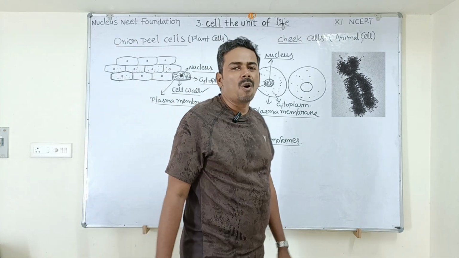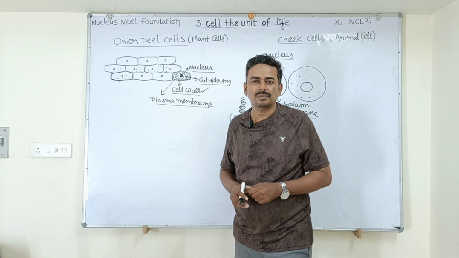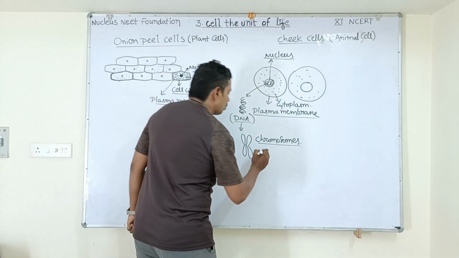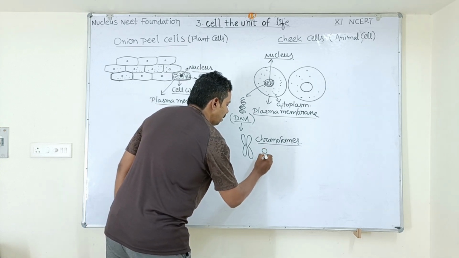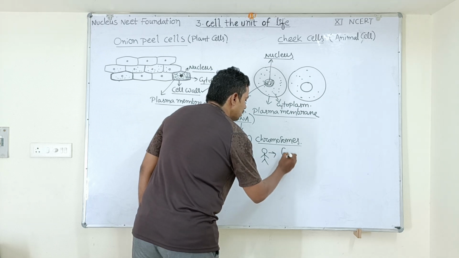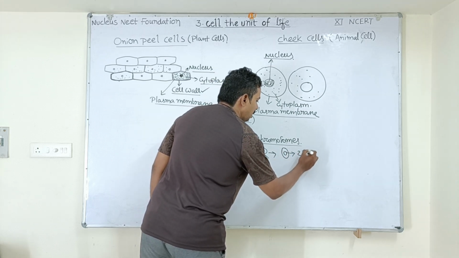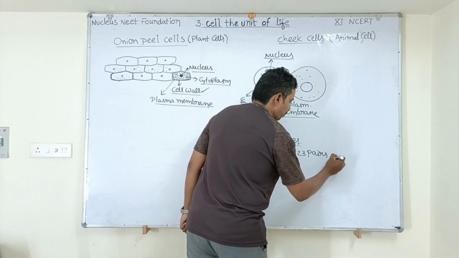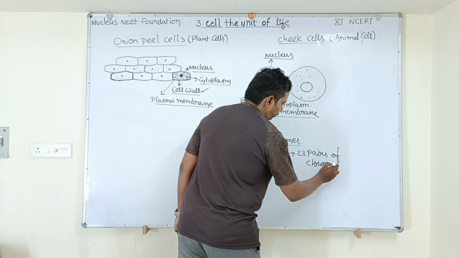So in human beings, how many chromosomes can we find? Come on, tell me, students. 23 pairs of chromosomes. In any human being, in the nucleus of every cell, we can find 23 pairs of chromosomes.